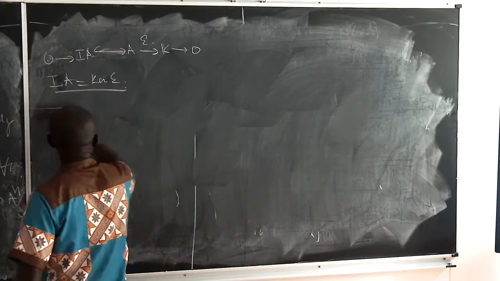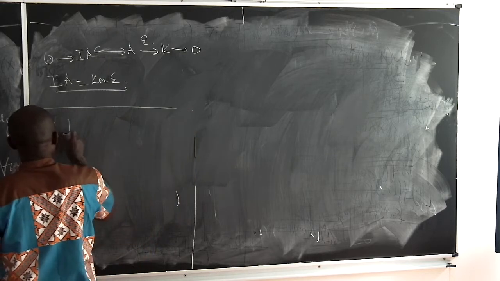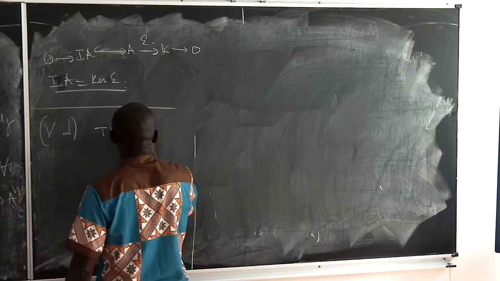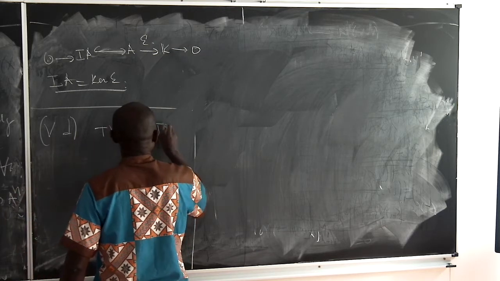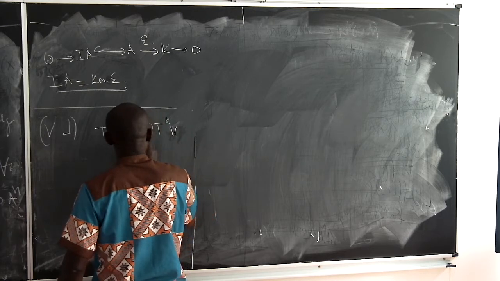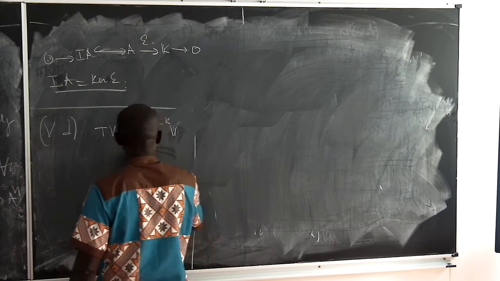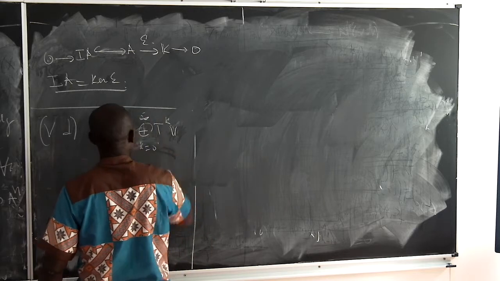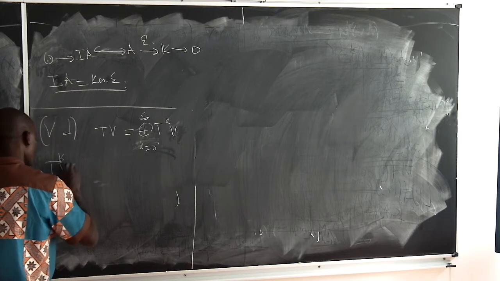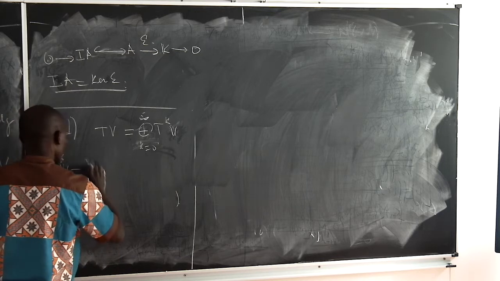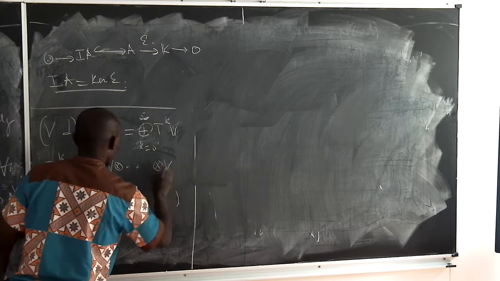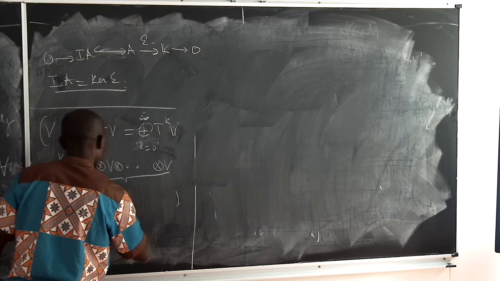It means that if V is a differential graded module, TV is just a summation of T^k V, k greater or equal to 0, or k from 0 to infinity, with T^k V equal to V tensor V tensor V, k times.